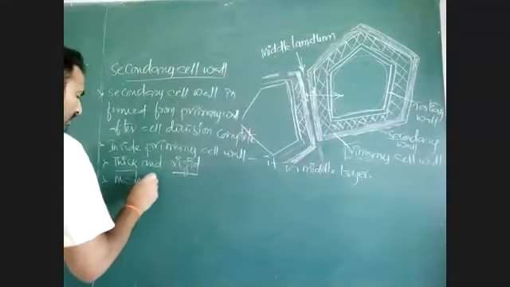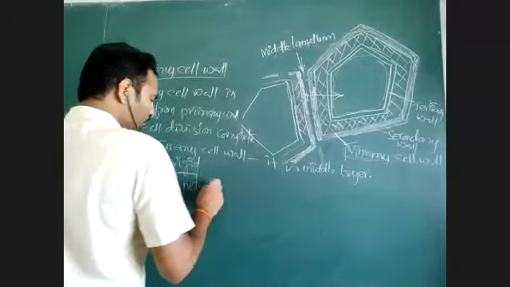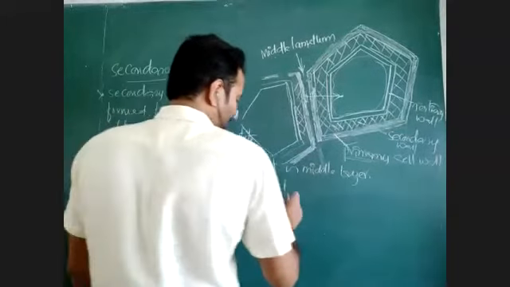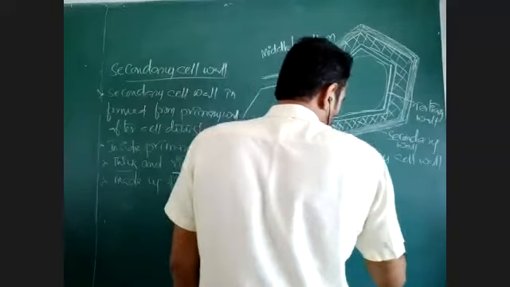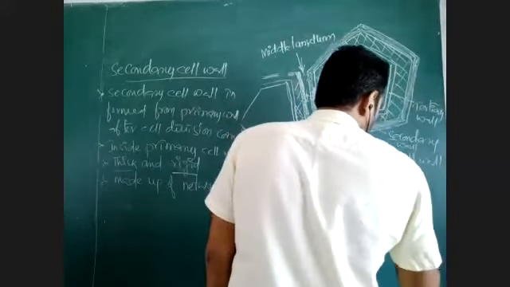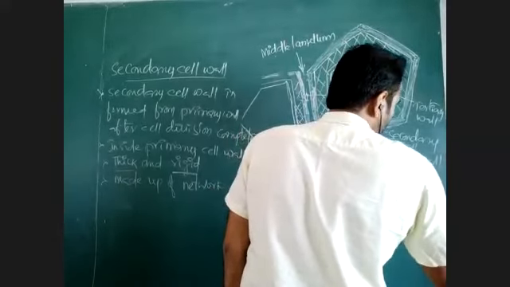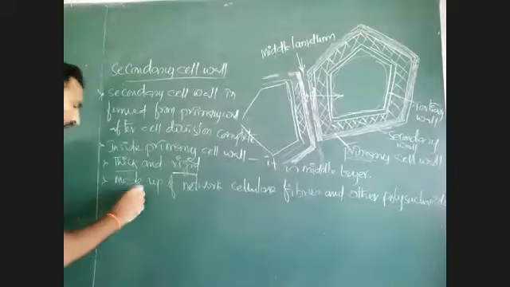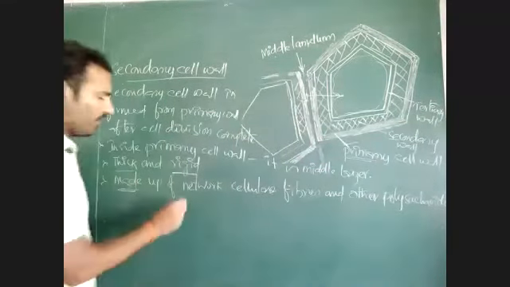It is made up of a network of cellulose fibers and other substances, some other polysaccharides, like pectin or lignin.